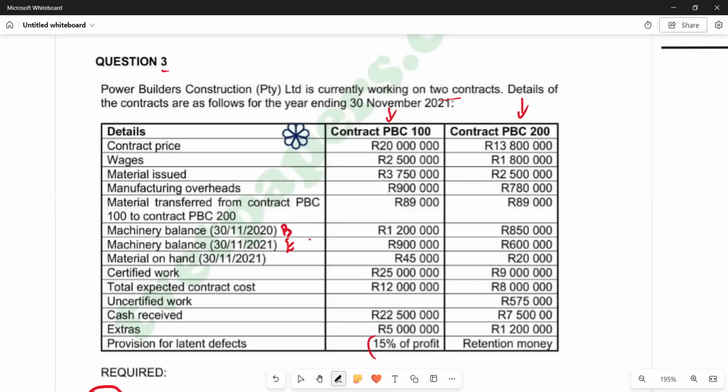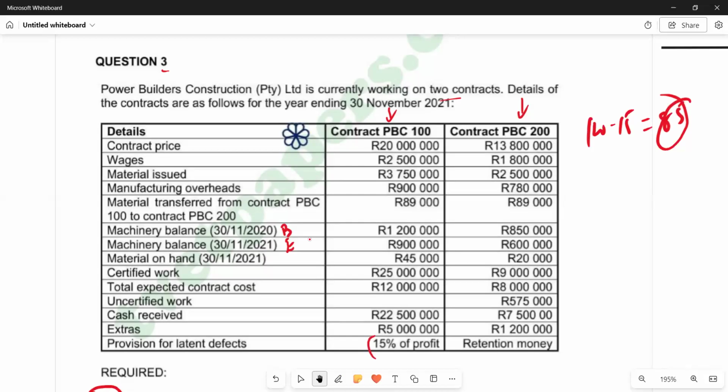We take 15% of that balance, and the remainder will be transferred to the profit and loss. So of the expected profit, we say 15%, and the amount to be transferred to profit and loss will be 85%, because 100% minus 15% gives you 85%. This is exactly what we are going to do.